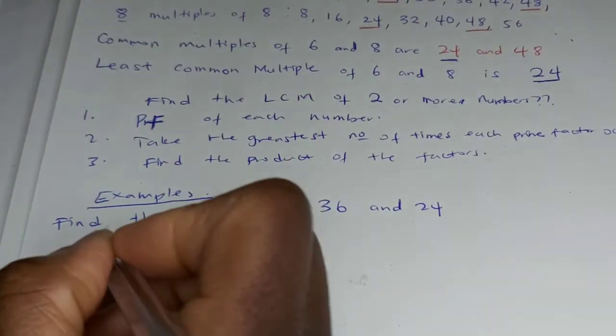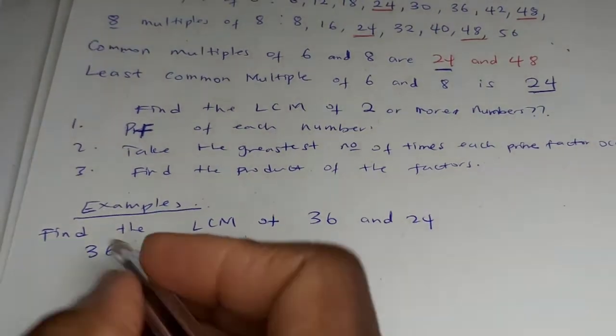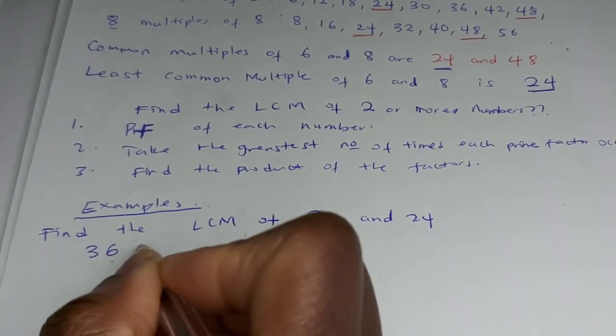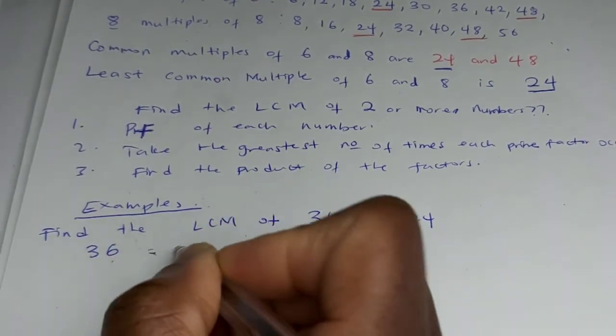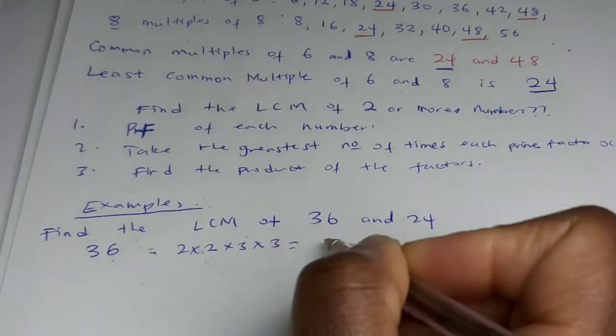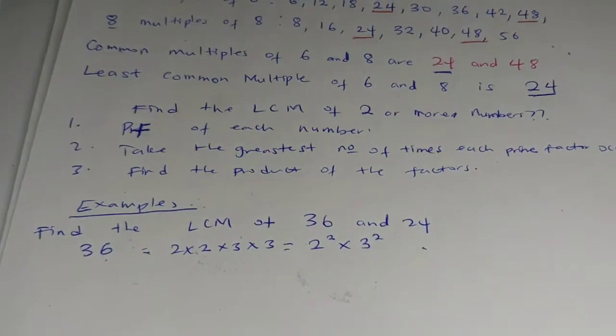So you have 36. When we find the prime factorization, we get 2 times 2 times 3 times 3, which is 2 square times 3 square.